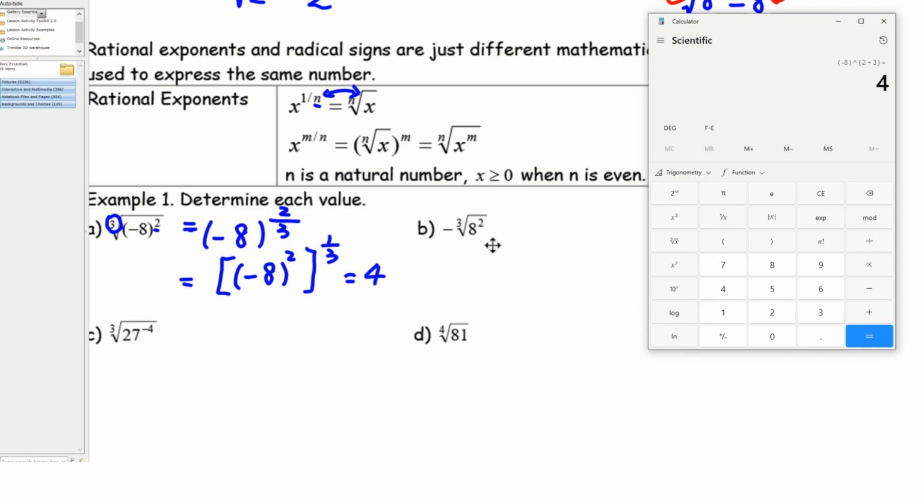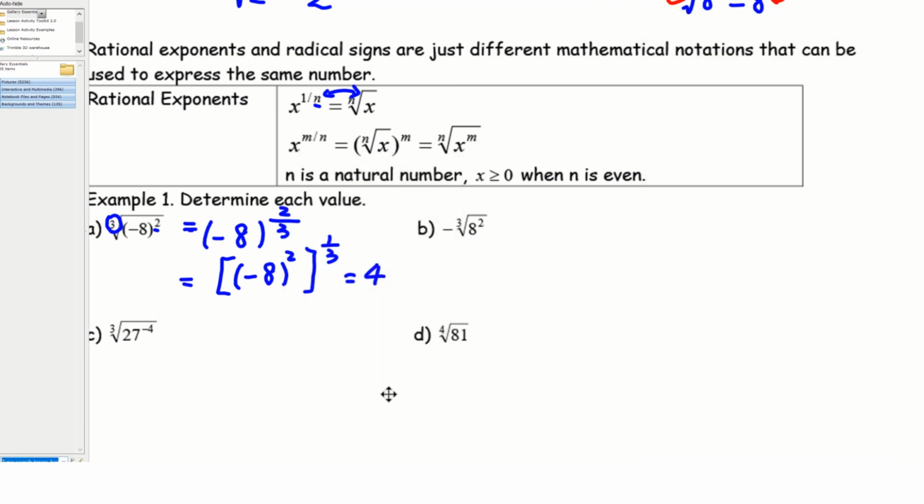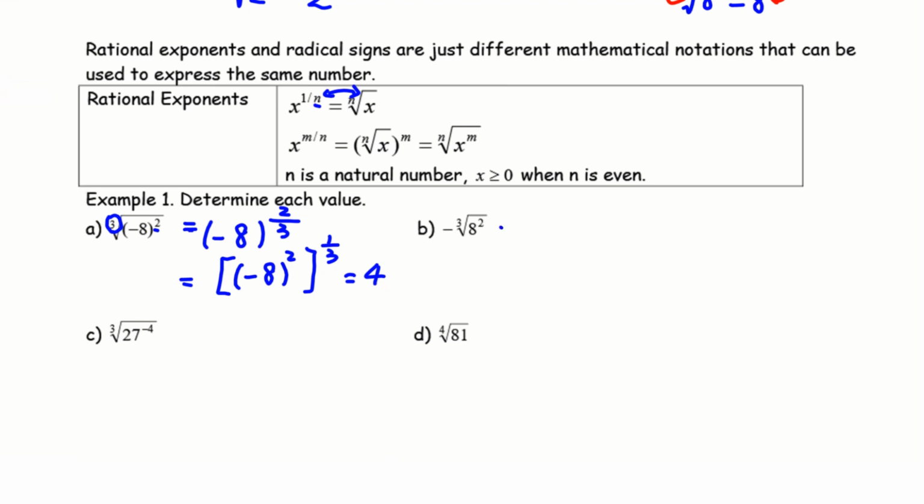So the next one is negative, so we are going to convert it to the rational exponent. This time be careful, the negative is not with the base, so the base is 8, and to the exponent, index number to the denominator and the power to the numerator.